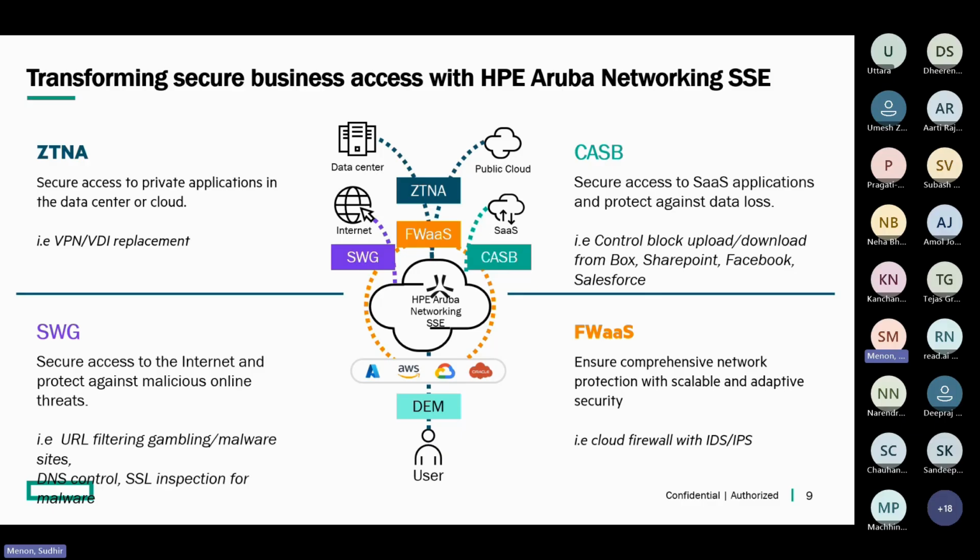That is where ZTNA perfectly fits in, where ZTNA is seen as a natural replacement or a full replacement of your VPN or the non-persistent VDIs, virtual desktops, etc., while also improving the overall security posture of your organization.